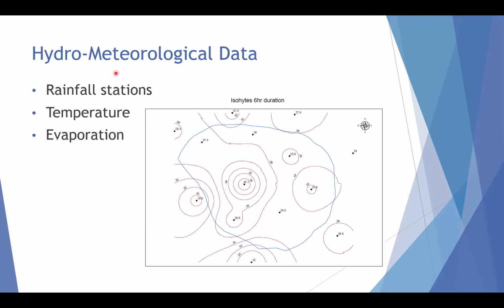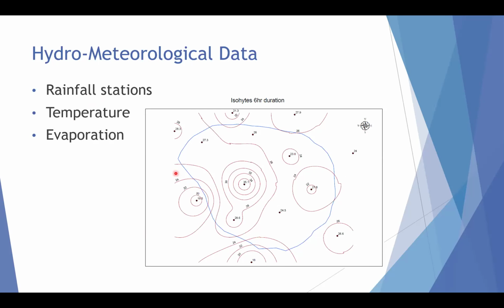We know that rainfall does not occur at one location. It falls over the entire surface of the watershed. But the measurements we take are only at specific locations, right? We don't measure throughout the watershed.